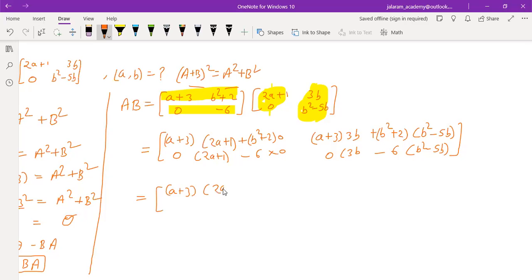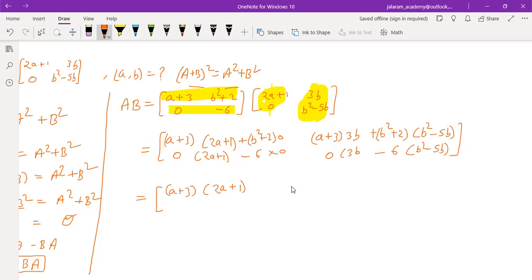A plus 3 into 2A plus 1 is written as it is, plus 0. Then A plus 3 into 3B plus B square plus 2 into B square minus 5B is also written as it is, as it is not giving anything simpler.